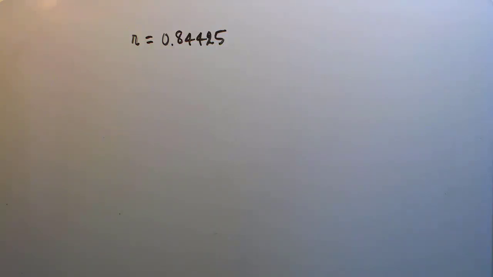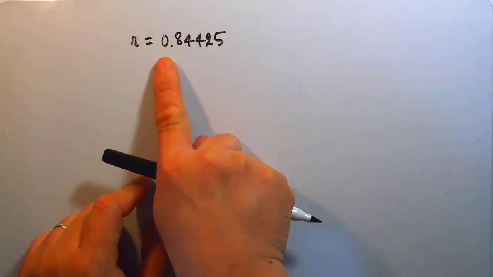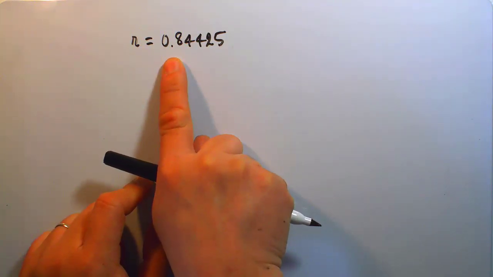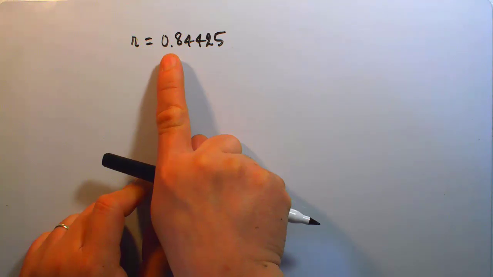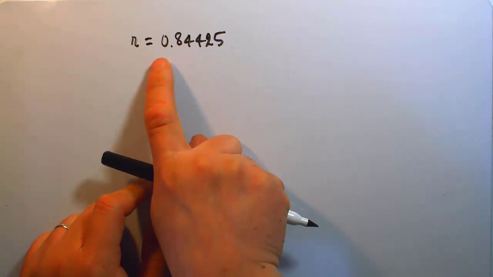Back to our data. Let's quickly have a look at it again. It's the same data we've been using since the beginning of this topic. We found the correlation coefficient after running the LinReg command, and it gave us 0.84425 in five decimal precision.